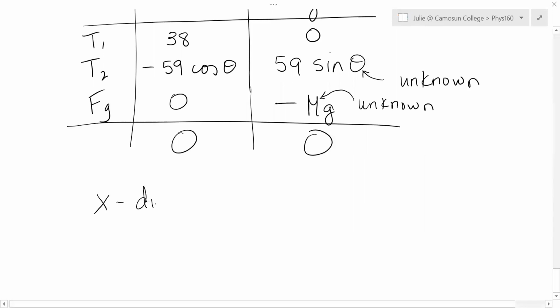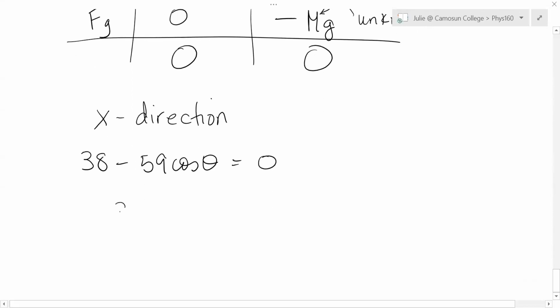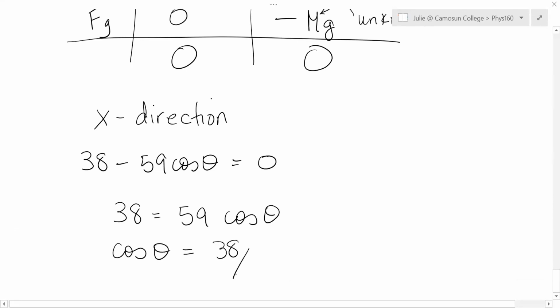So let's do the x direction equation. We go down that column. We have 38 minus 59 cos theta plus 0 equals 0. And so 38 must equal 59 cos theta, or cos theta is 38 over 59.